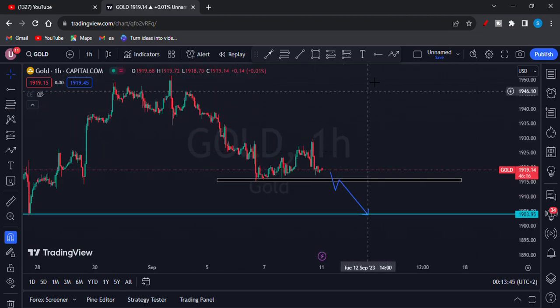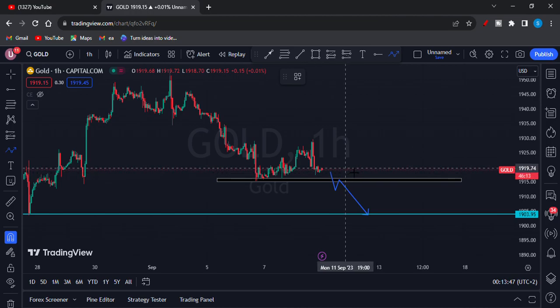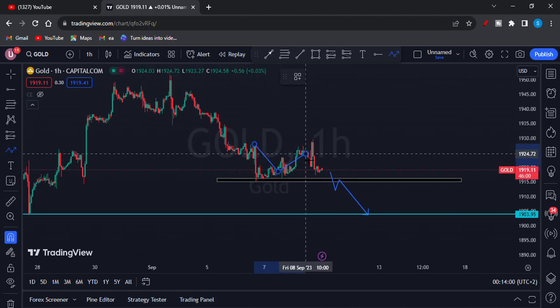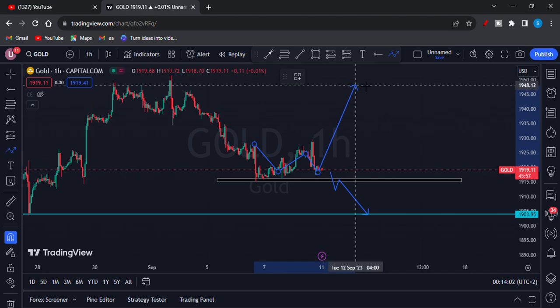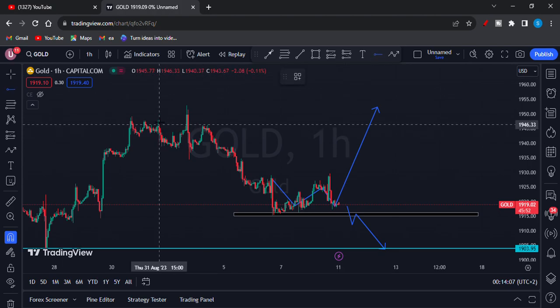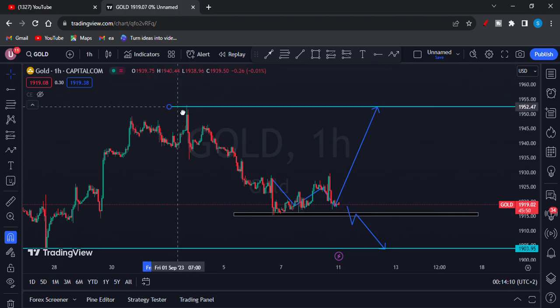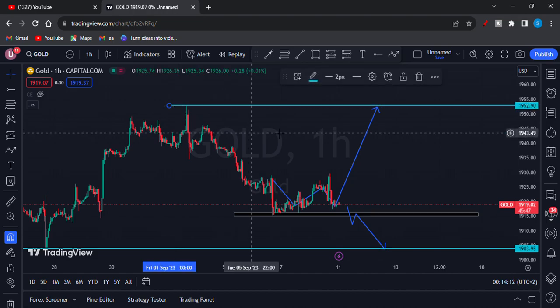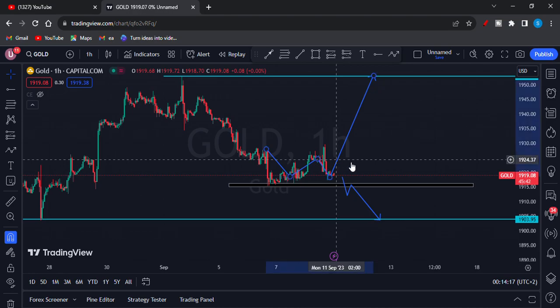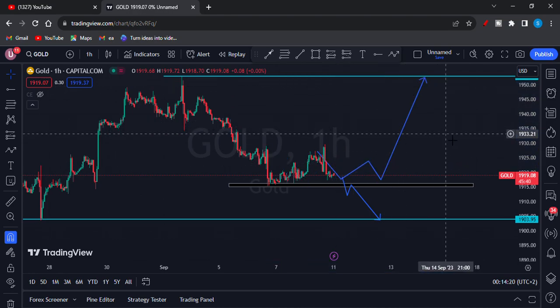And if we are pushing to the upside, then maybe this is a double bottom, and maybe you can expect something like this, up to there. But we'll see how the market is going to play out.